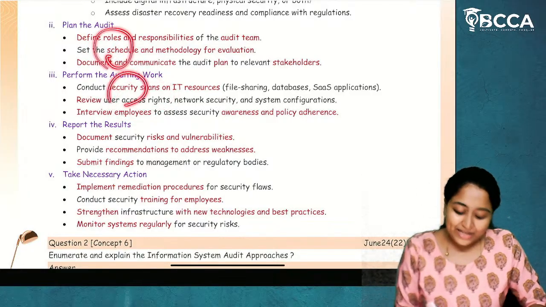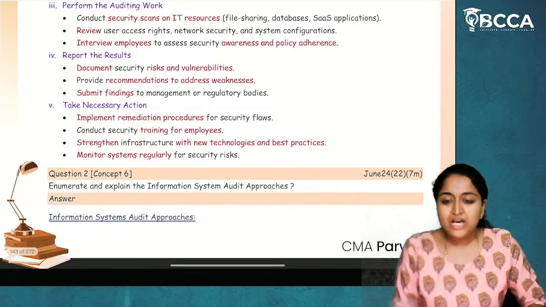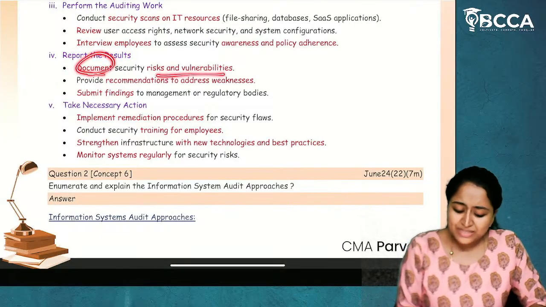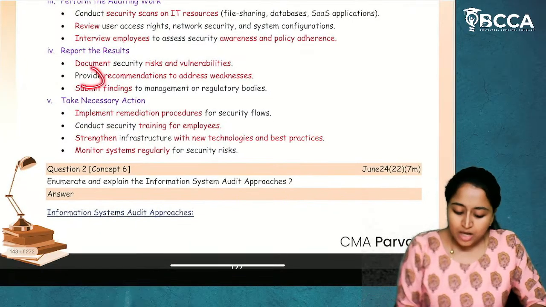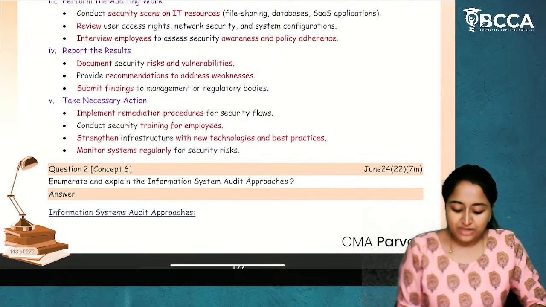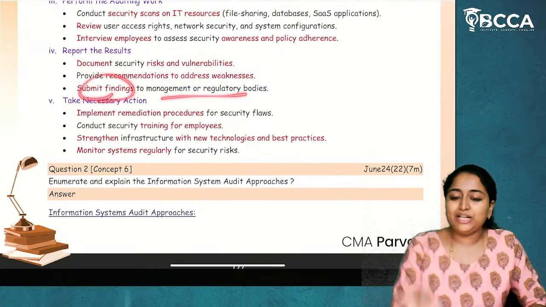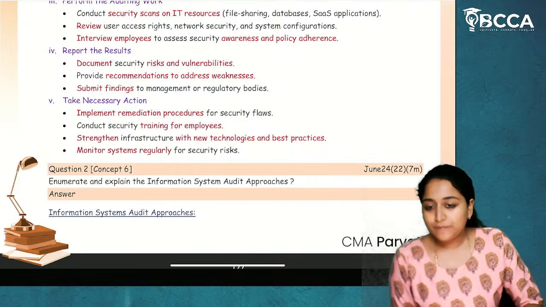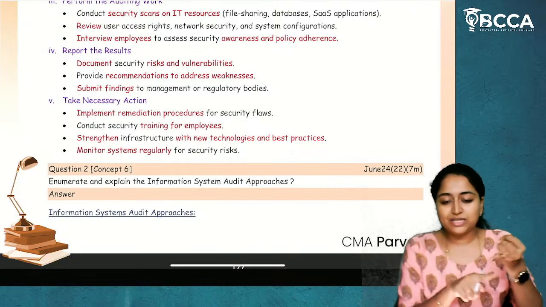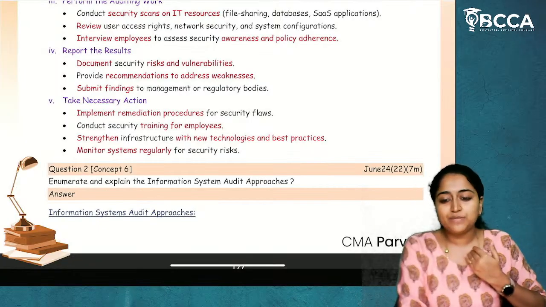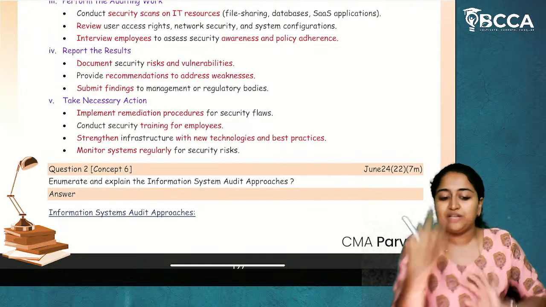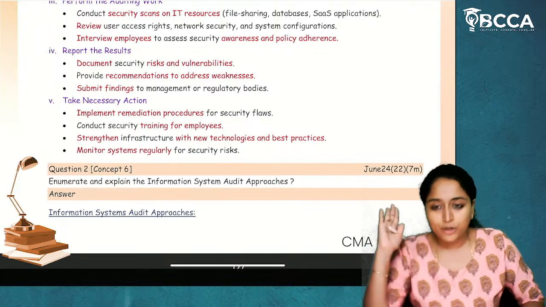After planning and execution, you will report the results. Document security risks and vulnerabilities, provide recommendations to address the weaknesses and submit findings to the management or regulatory body. You'll prepare a report, do the risk assessment, sit and talk with the management, and that report will be finalized and given to the management or the regulatory body.